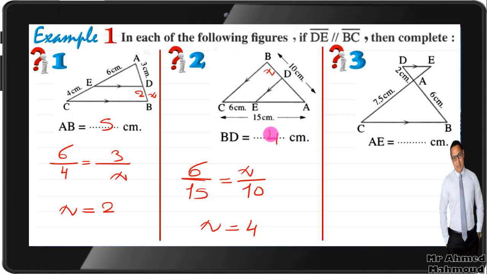Now in this case, those two parallel lines, I'm going to call AE X. So 2 over 6 equals X over 7.5.